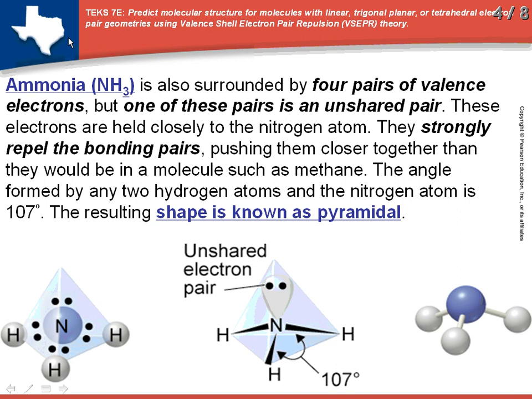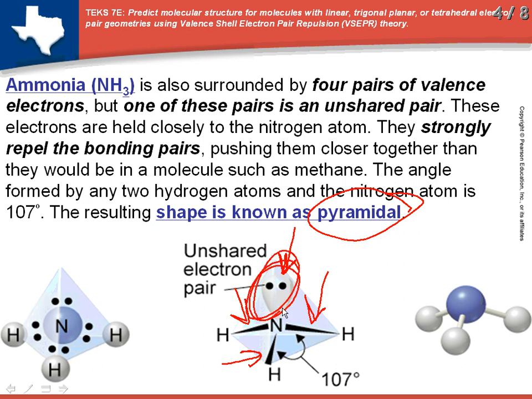Next up, let's talk about the pyramidal shape. Ammonia, NH3, has a pyramidal shape. Notice that the nitrogen has an unshared pair of electrons and makes 3 bonds to hydrogens. Once again, they want to get as far away from each other as possible in three-dimensional space. But the push from the unshared electrons is much, much greater than the others. It's similar to bent, except there's 1 less pair of electrons and 1 more bond made.